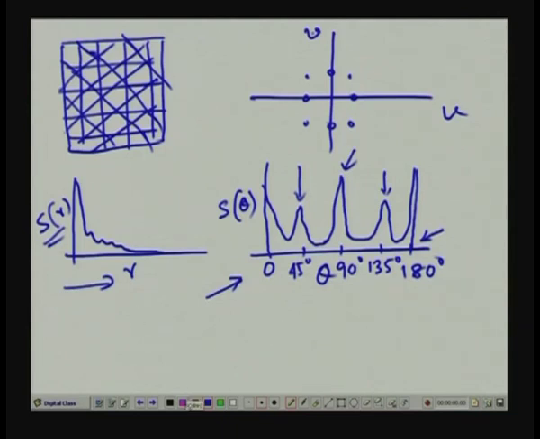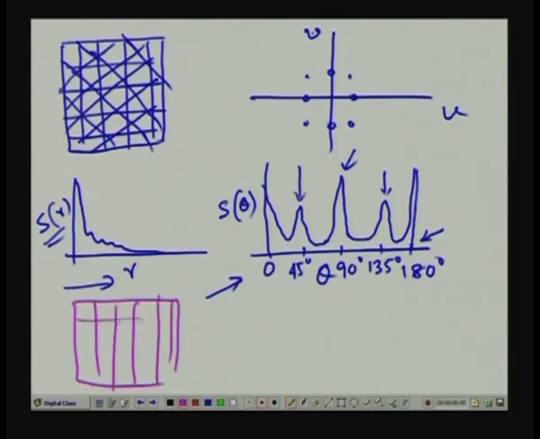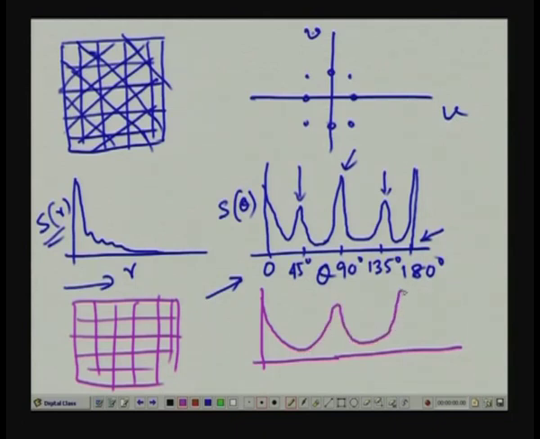Now, as opposed to this, if I have a texture pattern simply of this form, I have horizontal pattern and I have vertical pattern. So, if I plot S theta versus theta of this particular texture pattern, the kind of plot that we will get is something like this.